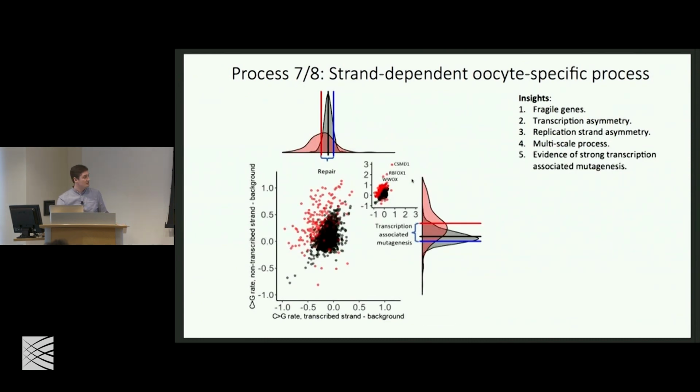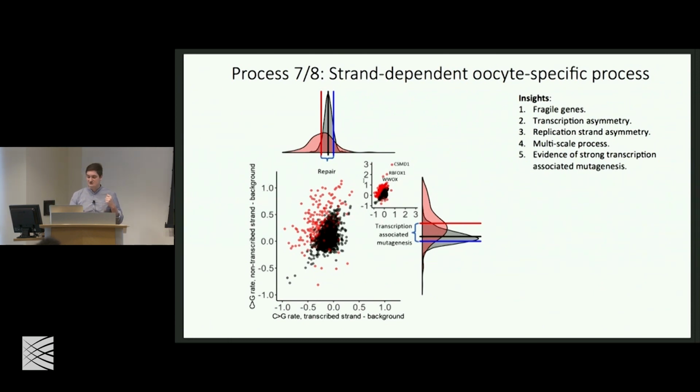Next we found that the activity of this maternal process is actually inducing transcription-associated mutagenesis inside genes. While transcription-associated mutagenesis had been described in the germline before, the magnitude that we observed here people have never seen before.